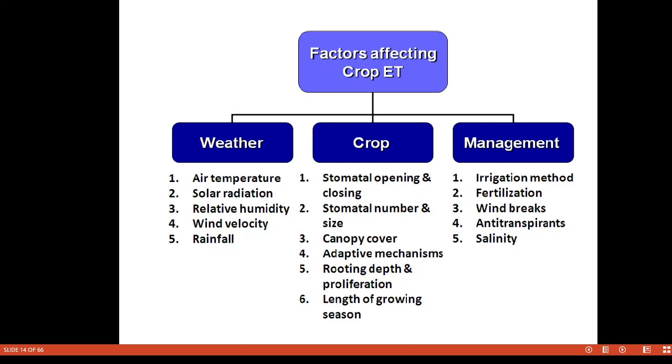Wind breaks. If you have an area where there are a lot of wind breaks, we said wind is a necessary factor which creates a concentration gradient between the conditions available in the atmosphere and the conditions in the plant. So if you have wind breaks, you are controlling the amount of water being evapotranspired, similarly as antitranspirants.